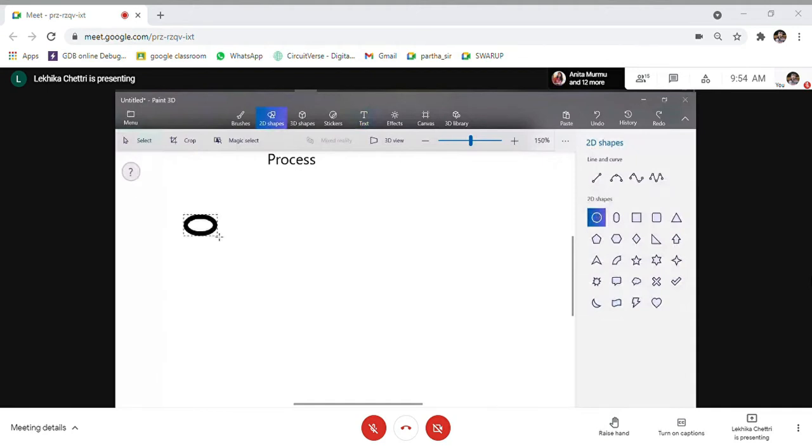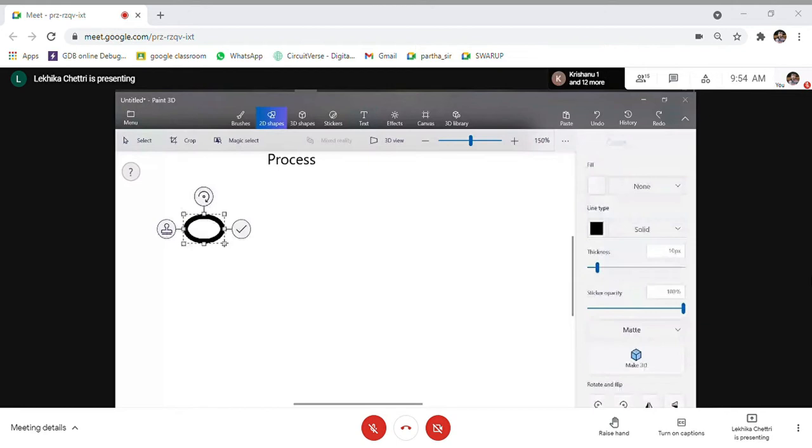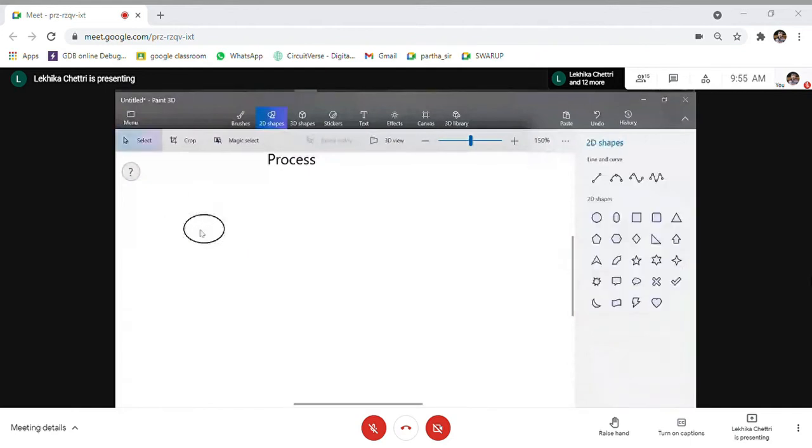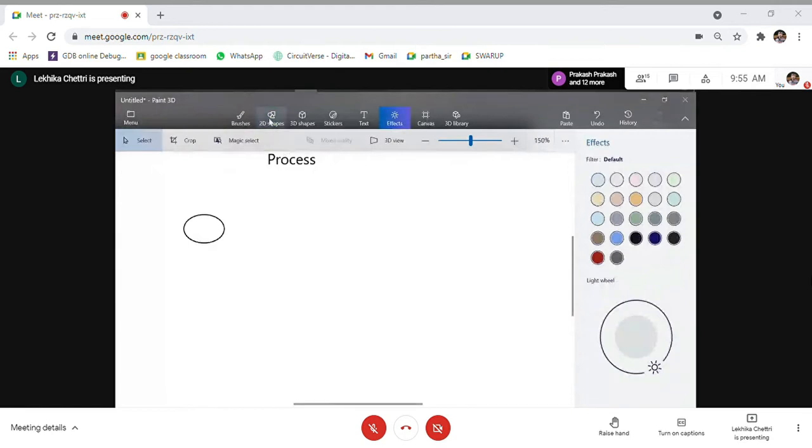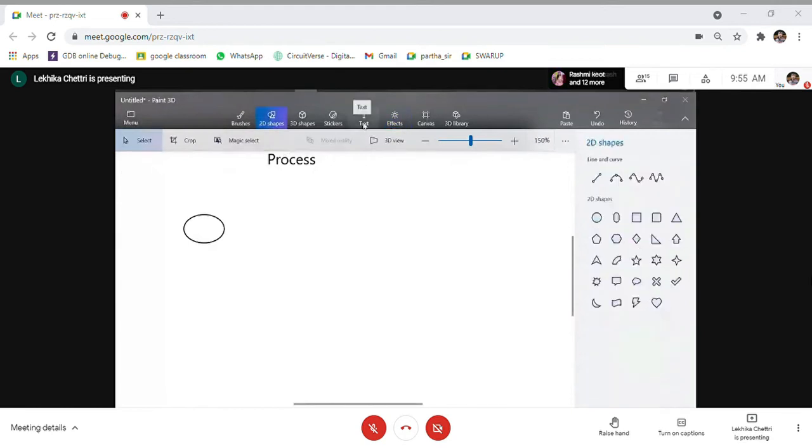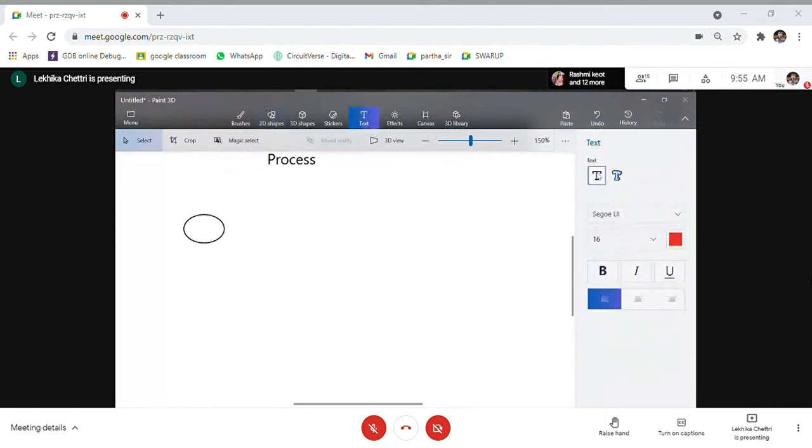And this diagram is very important. Okay, so now I'm going to write here. How do I write here? I cannot write like this, with these shapes. So I have here new.